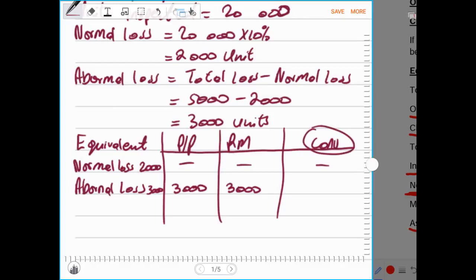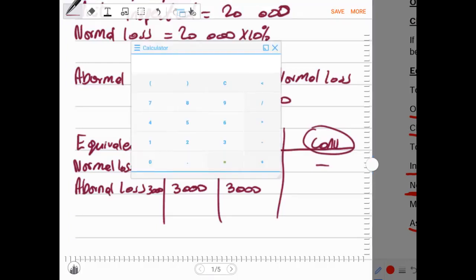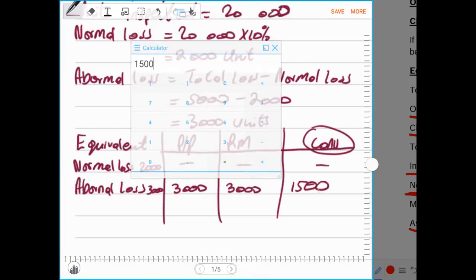Remember, these units were inspected during the process. So for conversion cost, we say 3,000 times the point of inspection, which is 50 over 100, because we inspected the units when they were 50% complete. That means only 50% will be allocated under our conversion cost, which will be 1,500.